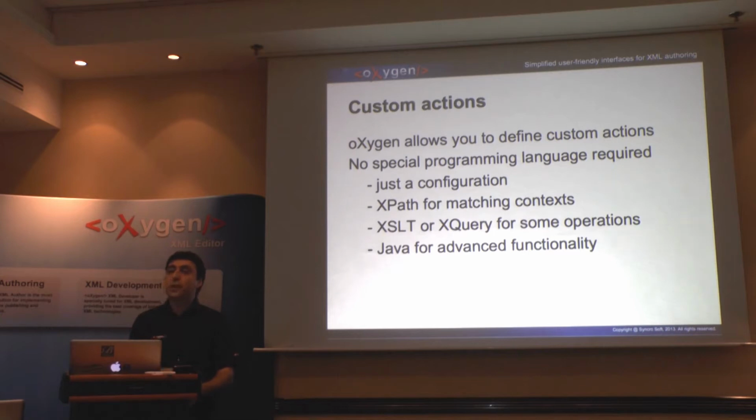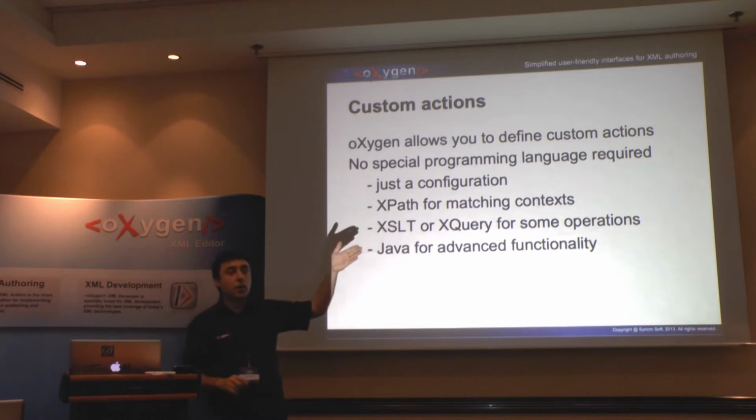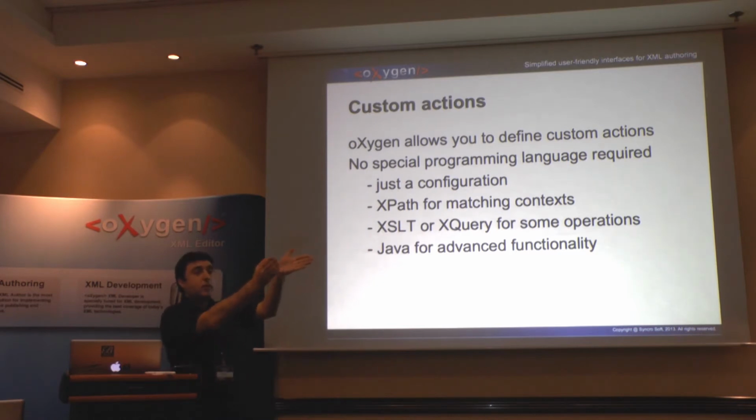You noticed XPath for Schematron, and you remember that when a rule inside the pattern was activated, you had a context for each rule, and this was like, if this, then check that, else if this, check that, and so on. In the same way, you define actions in oXygen with XPath. You say, if you are in this context, then do this. Else, if you are in this context, do this. Else, if you are in this context, do that. So the same action can perform different things depending on the context.